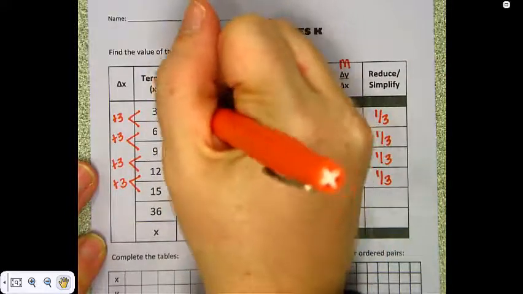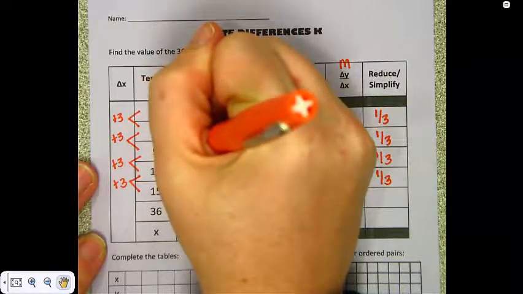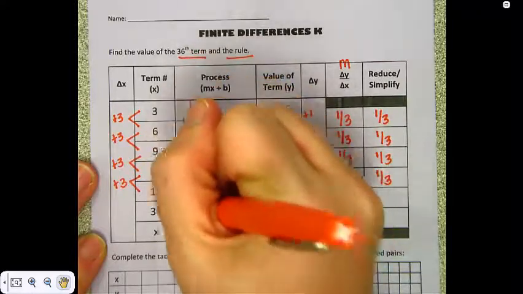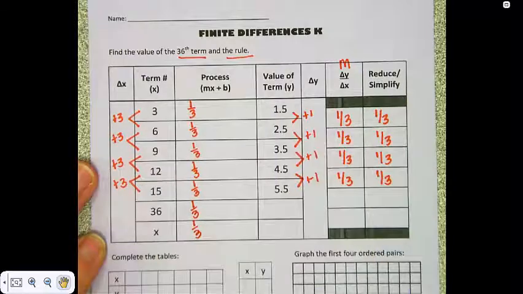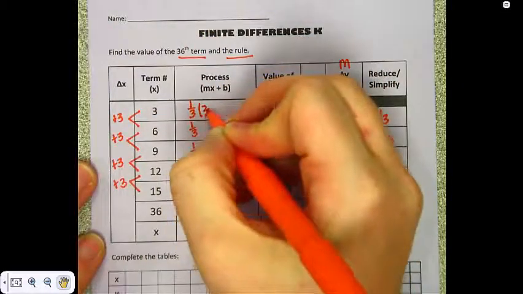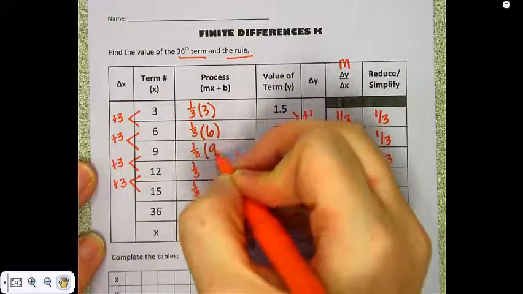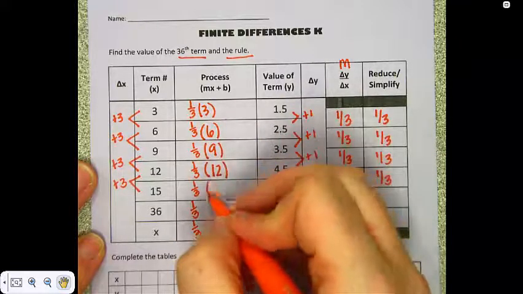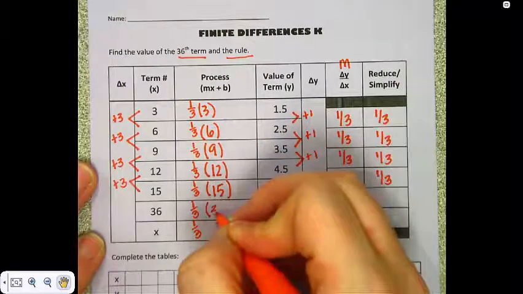So whenever I see m, I'm going to write 1/3 in my process column. And then I'm going to go in and fill in my x values. Here x is 3, x is 6, x is 9, x is 12, x is 15, x is 36.